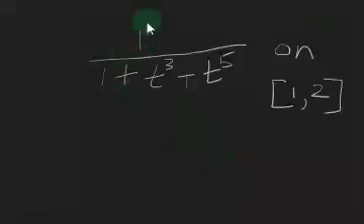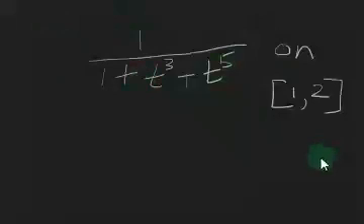This function is continuous on this closed interval, so we can find the maximum and minimum of this function on this interval. If the denominator takes the smallest value, the function becomes very large. If the denominator takes the maximum value, the function becomes very small.